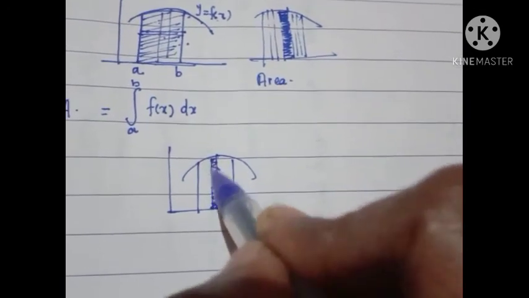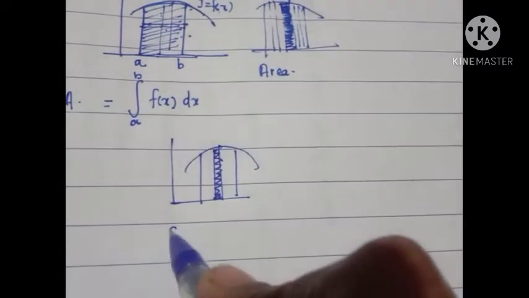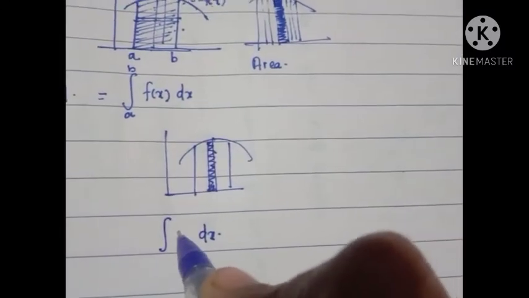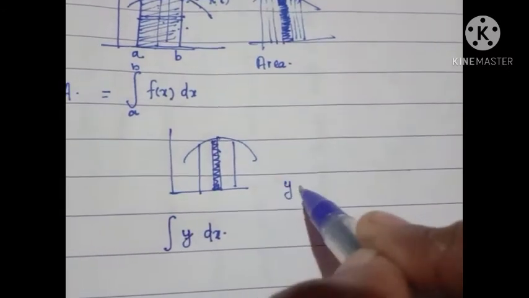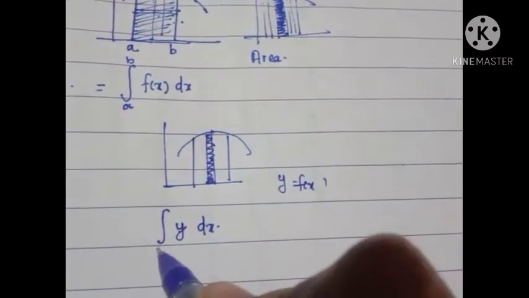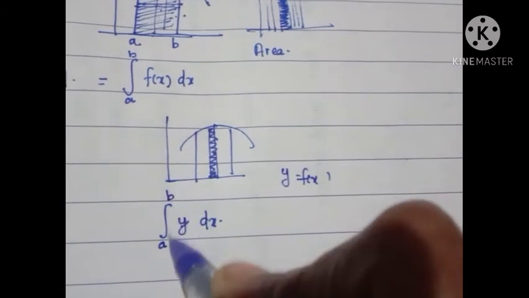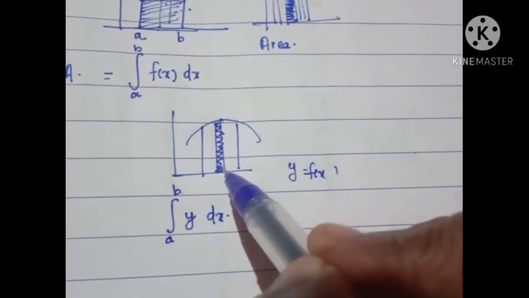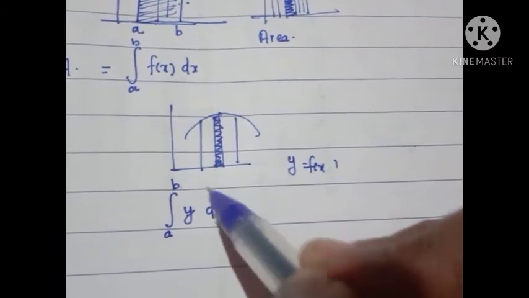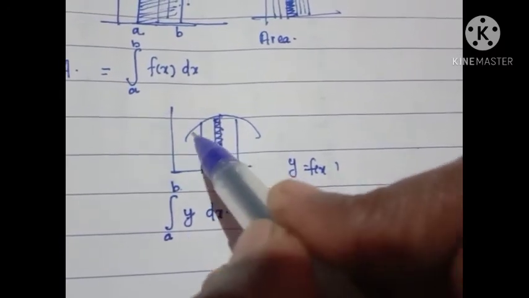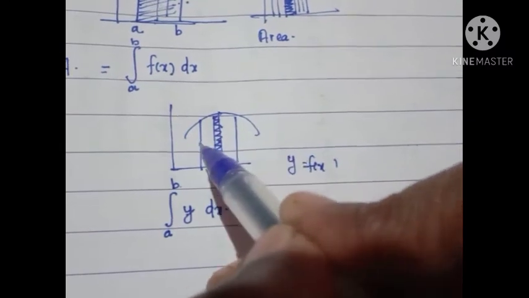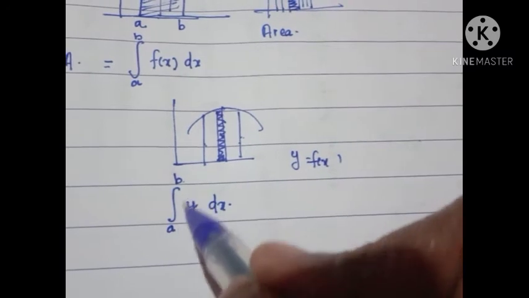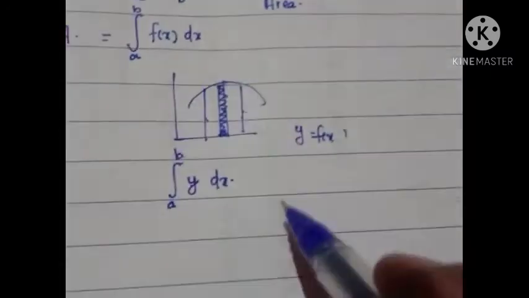If we consider vertical stripes, then the integration is with respect to x: y dx, where y means our function f of x, on the limits a to b. This integral indicates the area under this curve between these two lines and above the x-axis. Integral from a to b y dx.